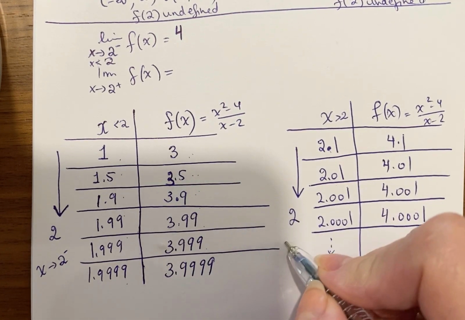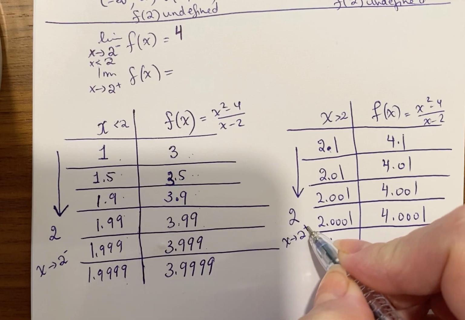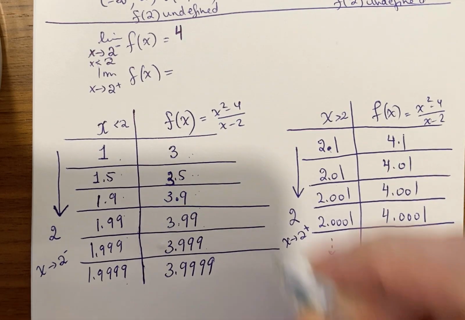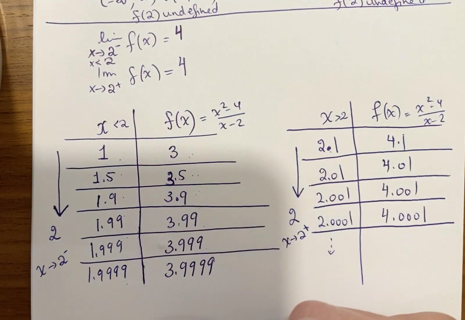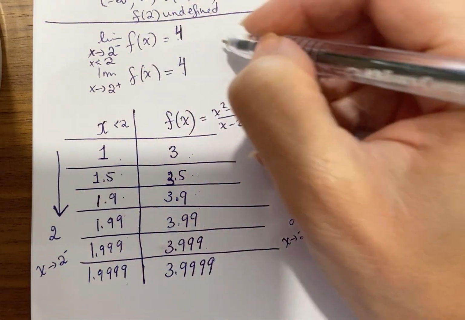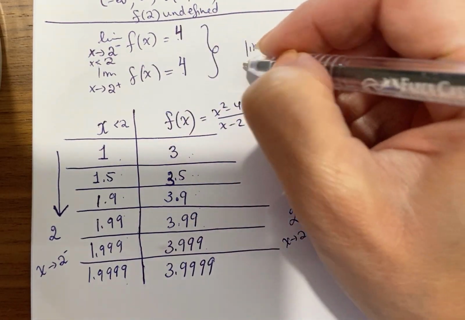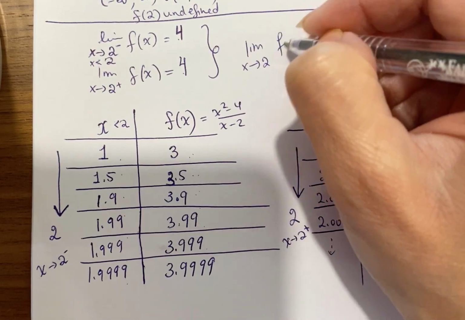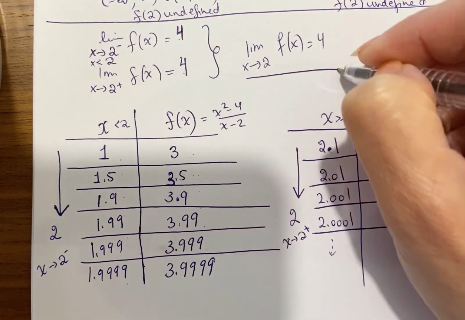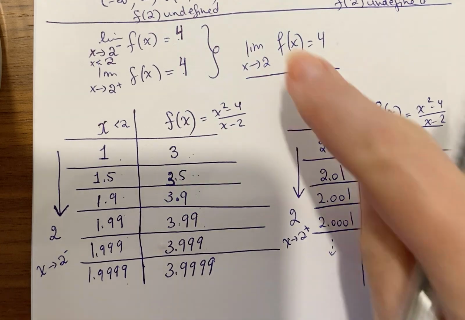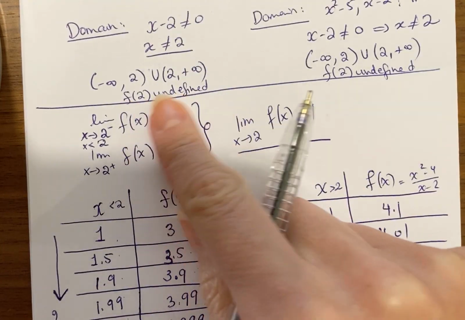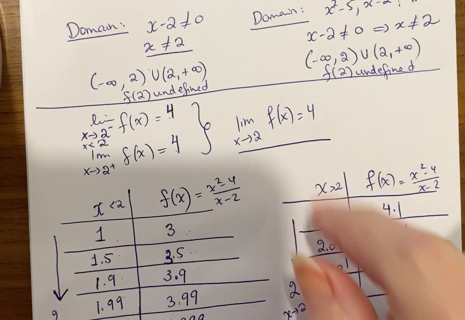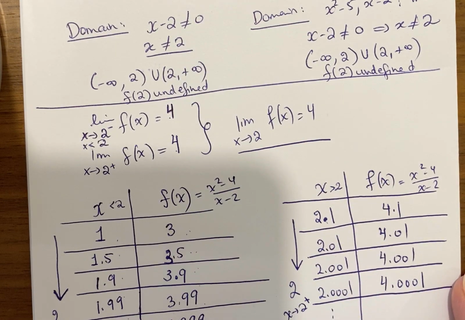We notice that as we approach 2 from the right, what are the function values approaching as well? They are approaching 4. Is the limit from the left equal to the limit from the right? Yes. So we say the limit as x approaches 2 in general is equal to 4. Nice. So the limit exists. So although f of 2 is undefined, the limit exists and is equal to 4.